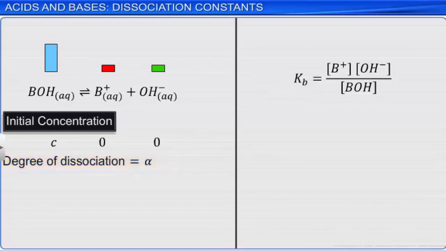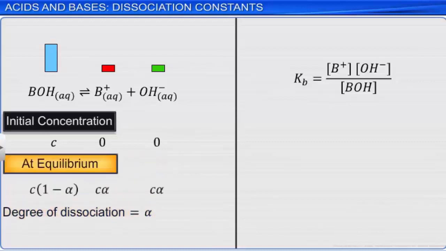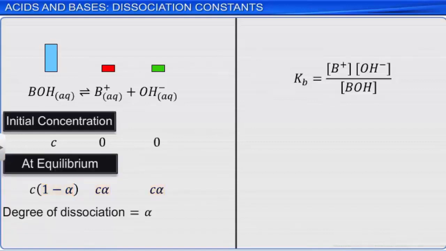At equilibrium, the number of moles of the reactant will be C times 1 minus alpha and of the products C alpha each. The dissociation constant Kb for this dissociation equilibrium can be written as Kb is equal to the product of concentration of OH minus and B plus ions divided by concentration of BOH.